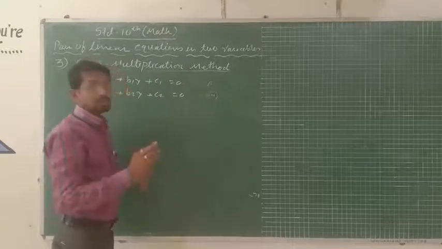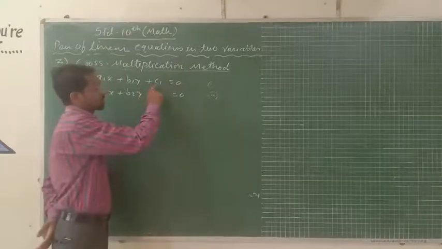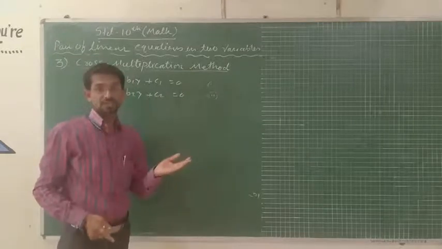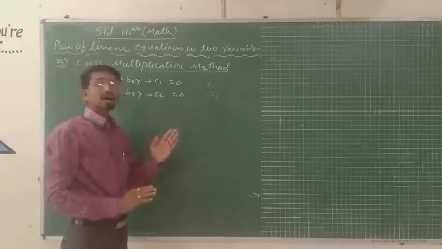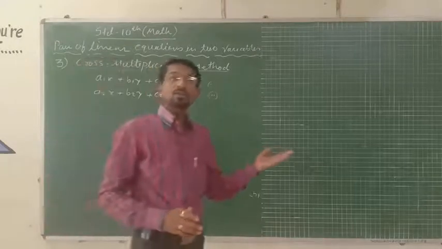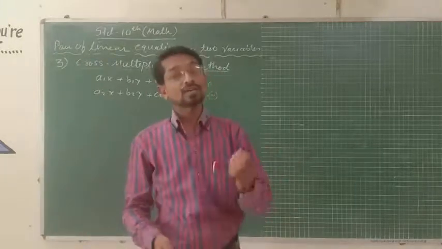It should not be that the constant of the first equation is on the left and the constant of the second equation is on the right. Both must be on the same side only.